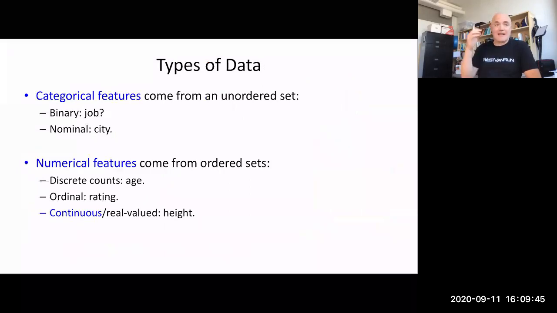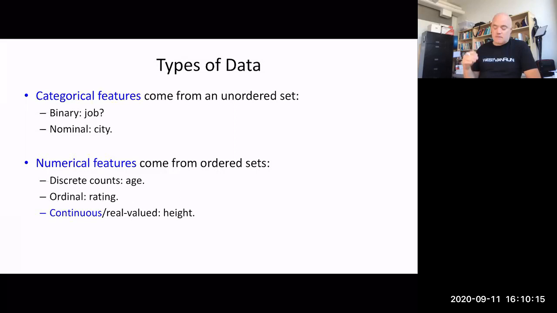There are lots of different types of data, right? In particular, types of features, really, that's probably a better way of saying it. The features of individual samples or examples can come in the form of categorical features, which come from some sort of unordered set, like does somebody have a job or not, or a nominal valued set, which is to say which city do they come from, Burnaby, Surrey, Vancouver, and so forth.